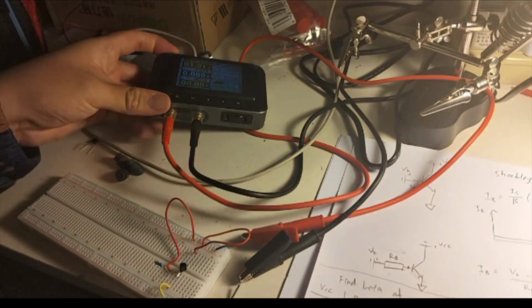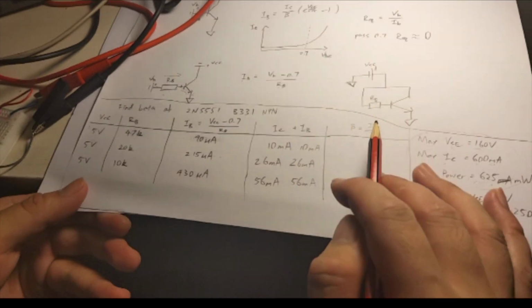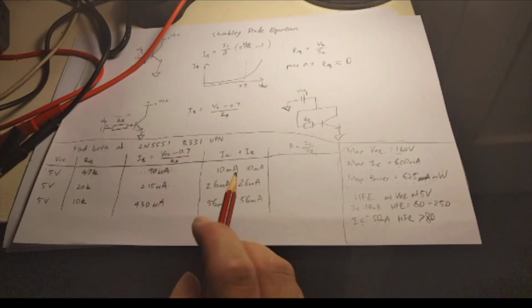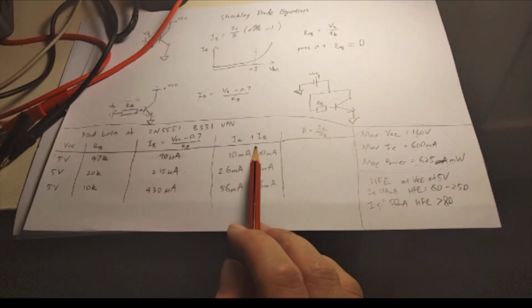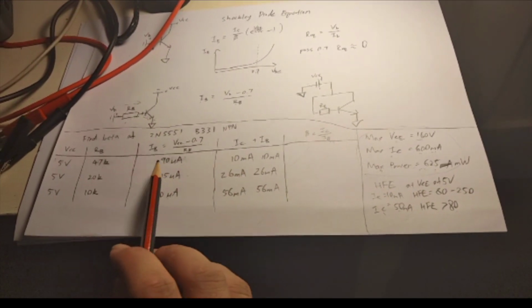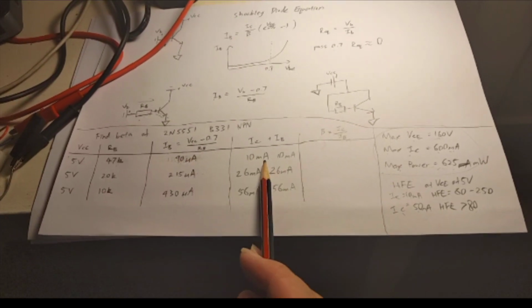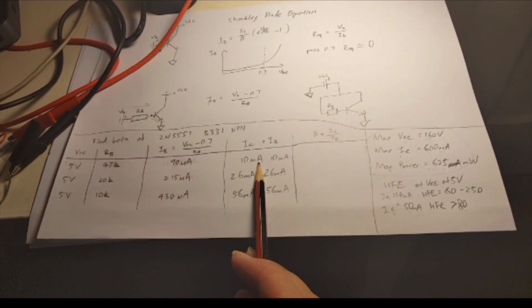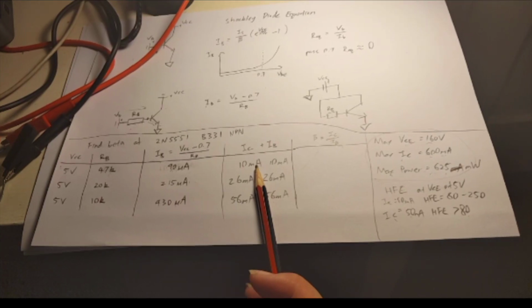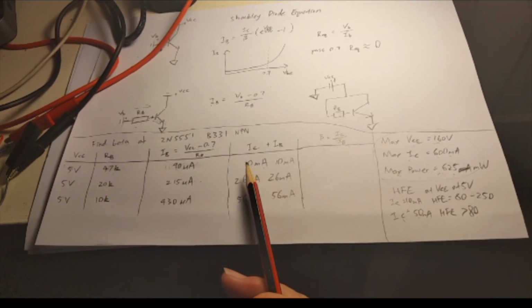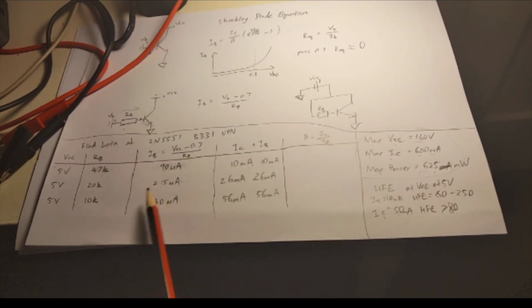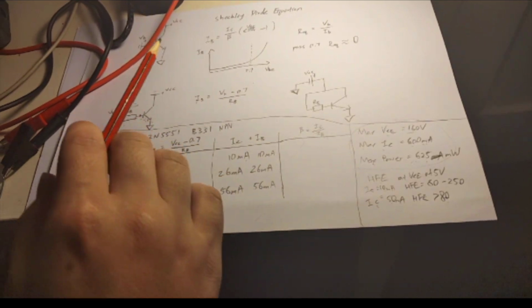All right, now from this, we should be able to calculate the beta values by first getting the IC, which is just these values minus the IB, and this is basically negligible compared to this because it's such a big gain. So we can straight up just divide it and we'll get an approximate value.